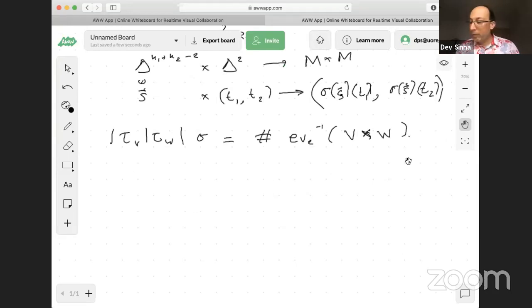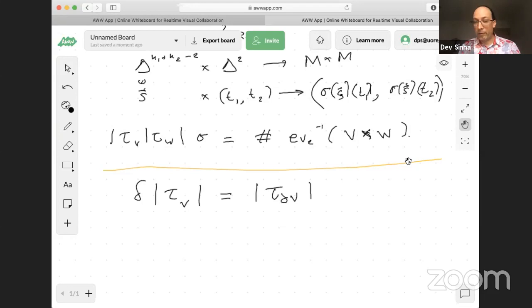Okay, so well, let's think about some of the properties of these cochains. In particular, again, we like to have not just cochains, but cocycles, so you want to think about the boundary. And as you might expect, the co-boundary of the first kind of cochain is given by the tau class of the boundary.